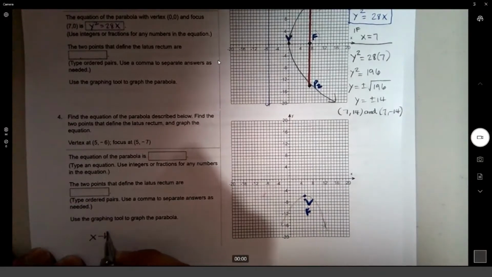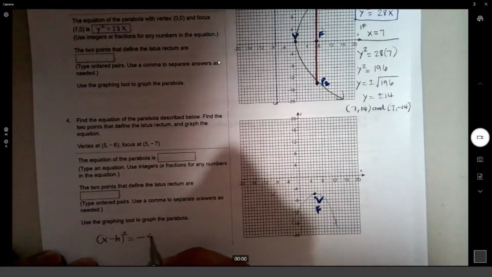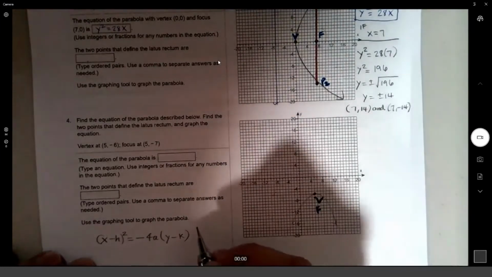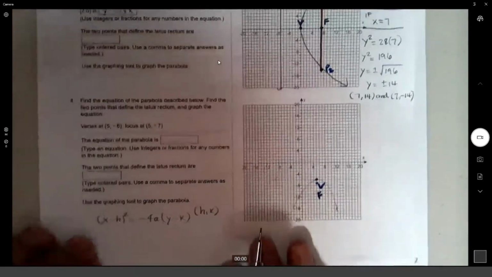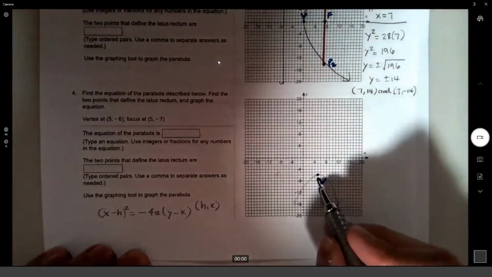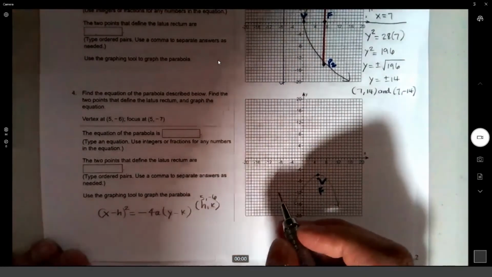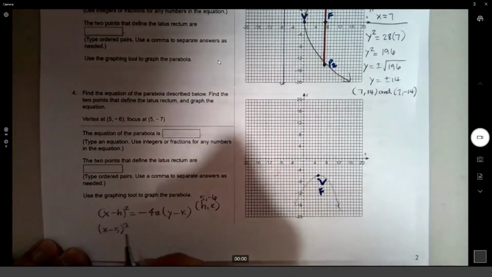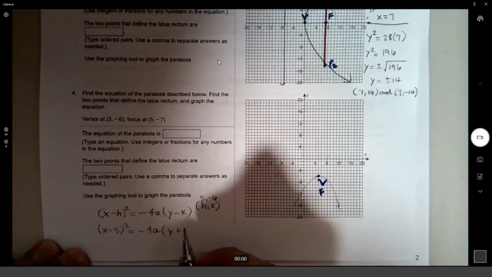So it will be of the form, check it out, x minus h quantity squared is equal to negative 4a times y minus k, where in this case h comma k is the vertex. So for this example, the vertex is 5, -6. So we have x minus 5 quantity squared is equal to negative 4a times y plus 6.